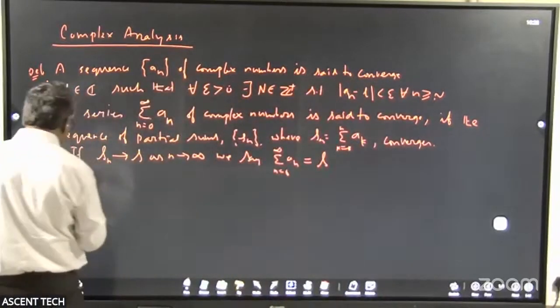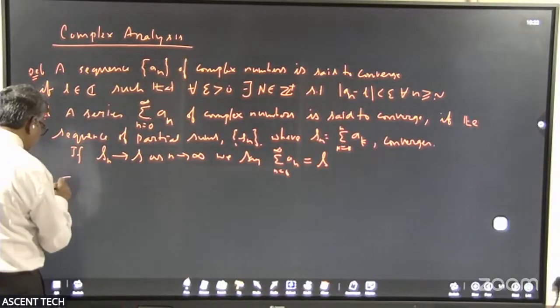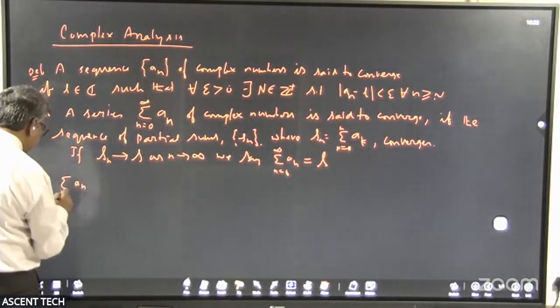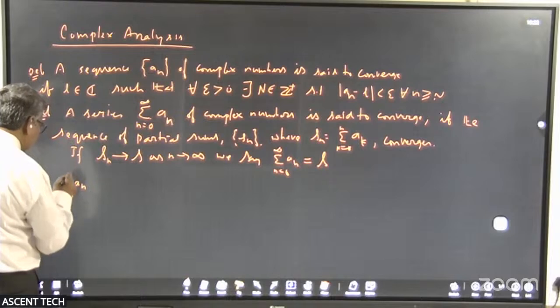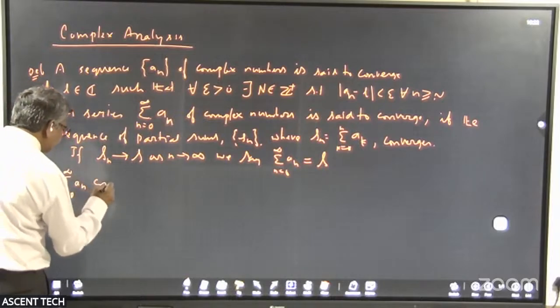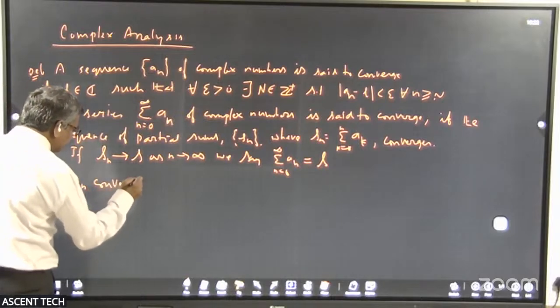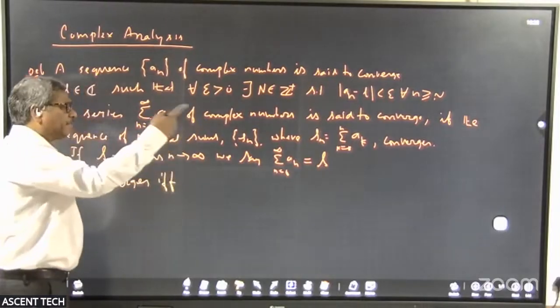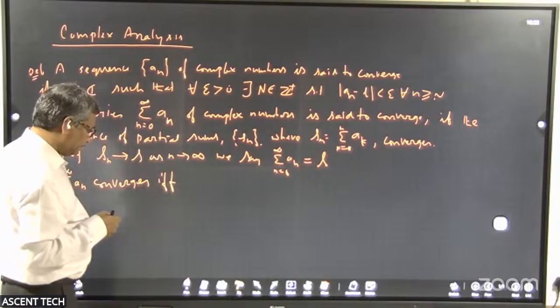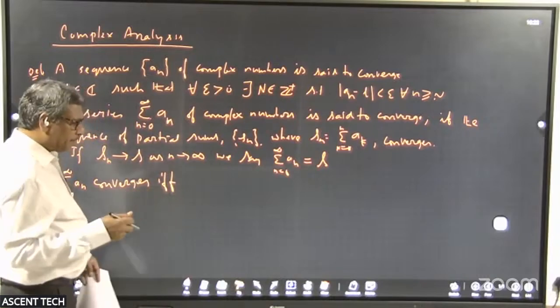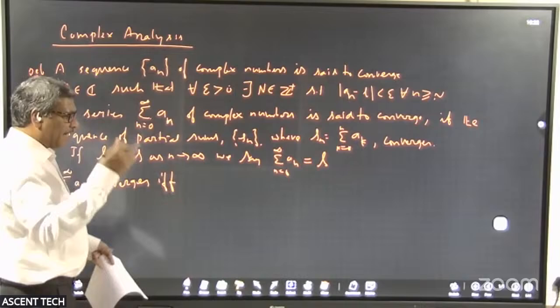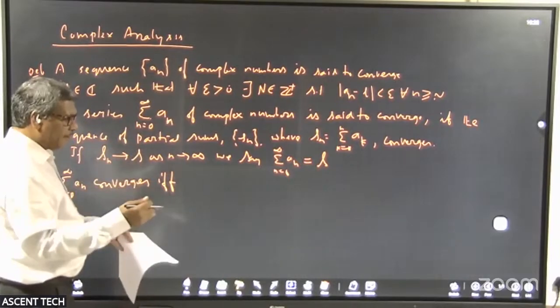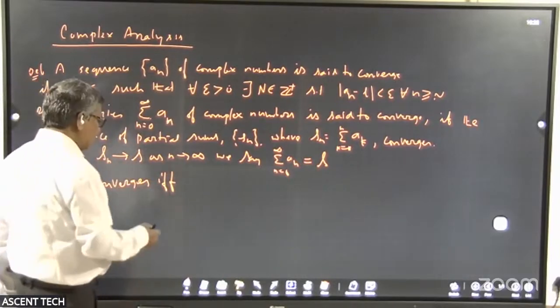Therefore, the series converges if and only if the partial sum sequence is Cauchy. That means as n and m get bigger and bigger, the difference between S_n and S_m will be as small as possible.